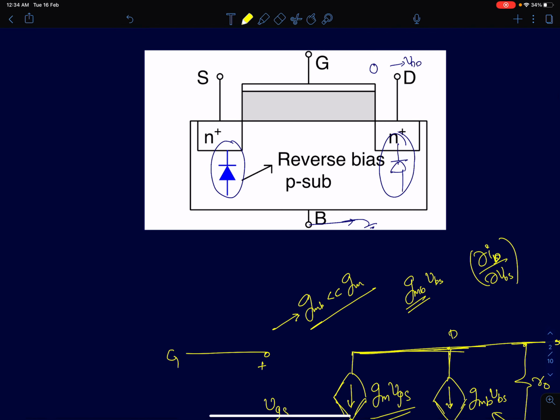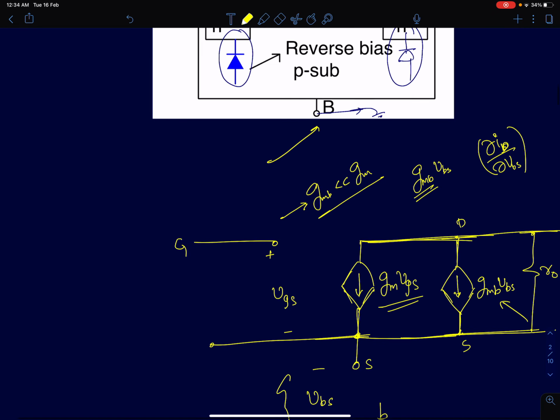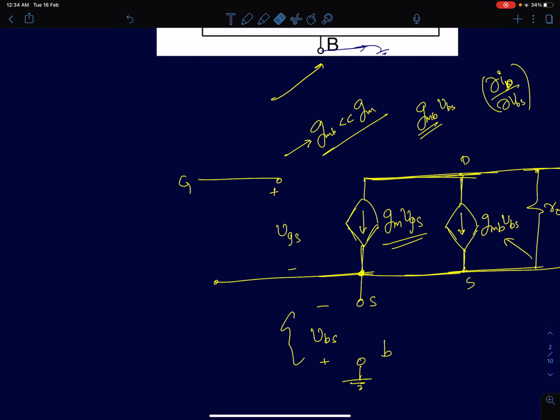One can intuitively see that the bulk terminal is also like a gate terminal. So by slightly modulating the bulk terminal, one should expect to see a change in the drain to source current. The model for this bulk terminal is given by gmb, the transconductance for the bulk terminal, times vbs, where vbs is the bulk to source voltage.